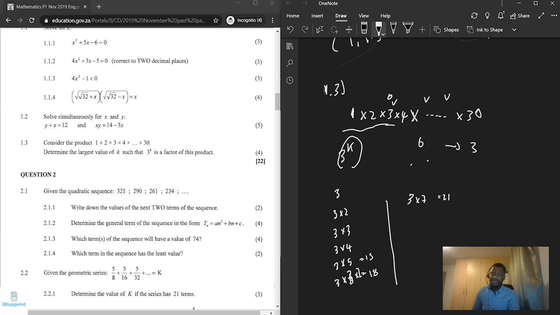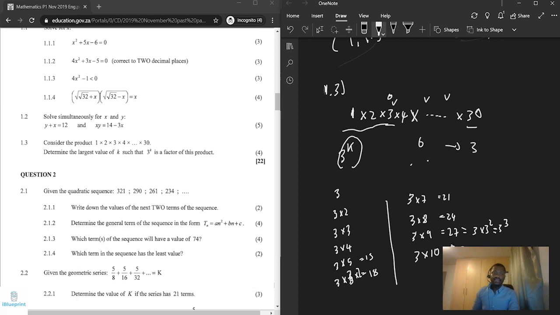The next one is going to be 3 times 8, which is 24. So you see, we're getting quite close, and we haven't spent much time. 3 times 9 is 27, or you can also think of this as 3 times 3 squared, which is 3 to the power of 3, right? Then the next one is going to be 3 times 10, which is the last term of the sequence, which is 30.